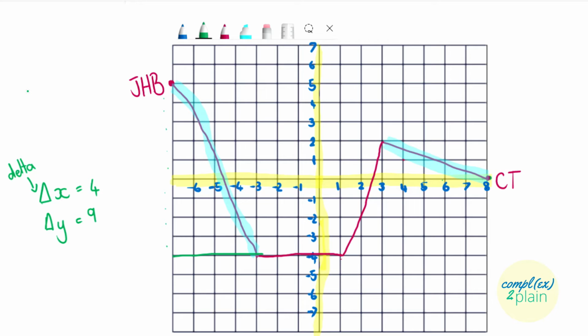For those of you who get confused, just learn these words, please. So vertical is up or down, and horizontal is sideways. So we can actually say that the gradient is all about my change in y relative to my change in x. So we can say it's delta y over delta x.